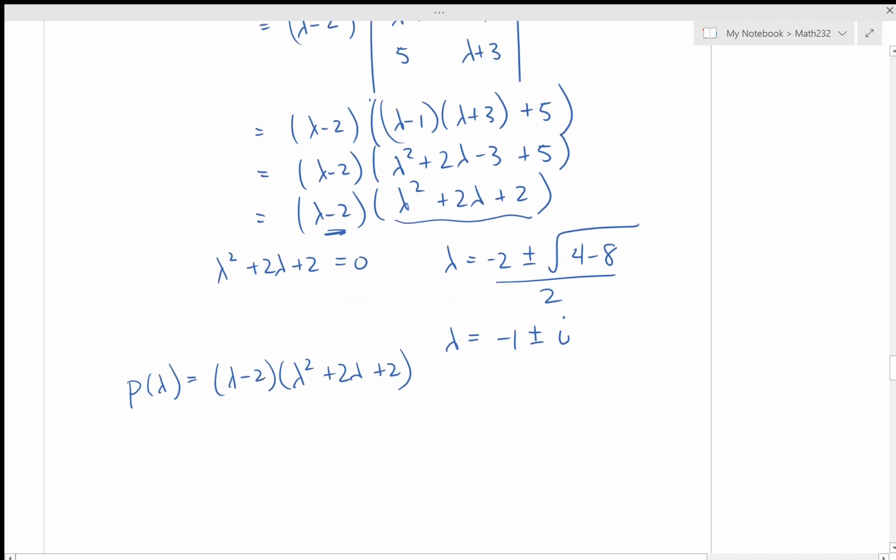And the eigenvalues are 2, minus 1 plus i, and minus 1 minus i. Okay, so we can have complex eigenvalues. Notice these complex ones always come in pairs, with one being the conjugate of the other.